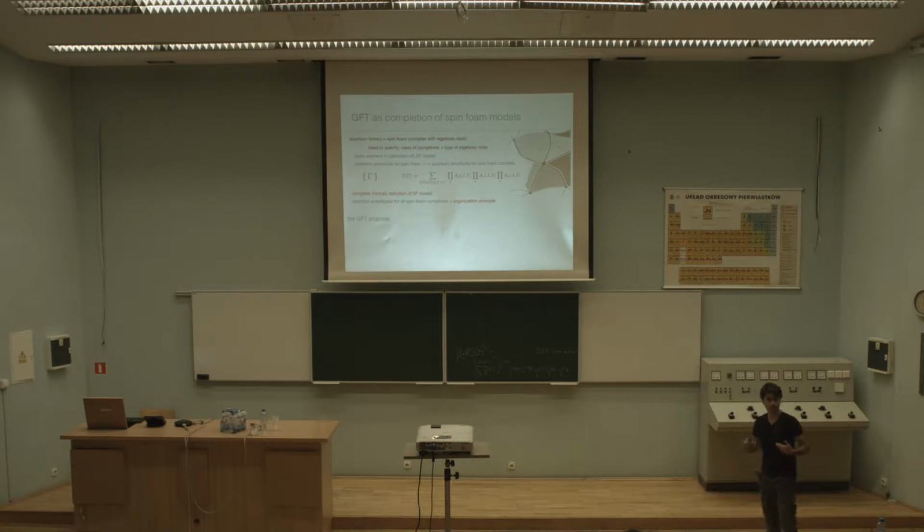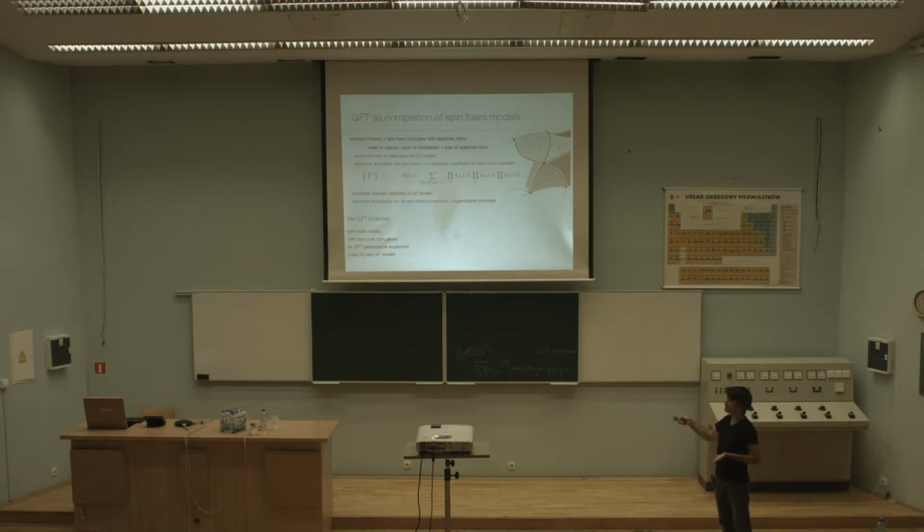And an assignment of a covariant amplitude is an assignment of complex weights to each of the elements of the complex, functions of the representation data, the group theoretic data assigned to them, and you sum over them for any given complex. And then you have to consider all possible complexes because they are all possible histories of such spin networks.